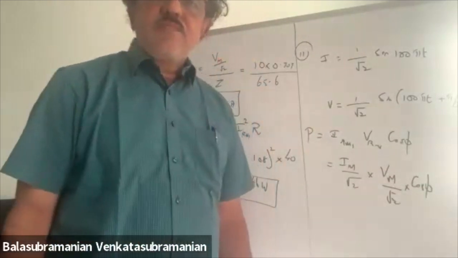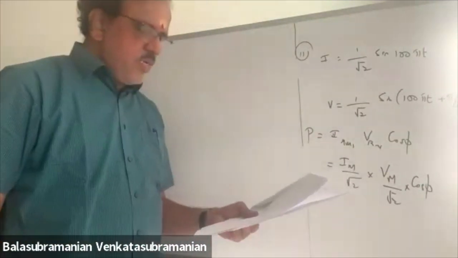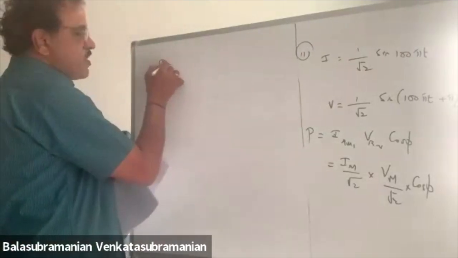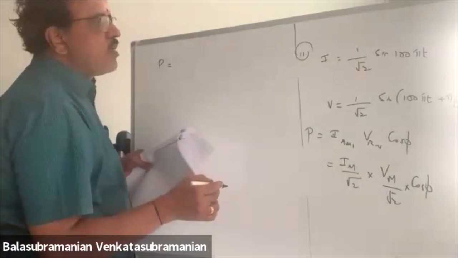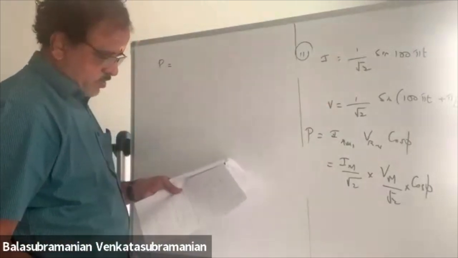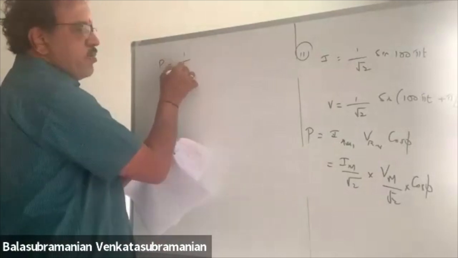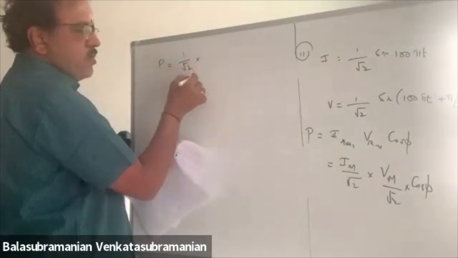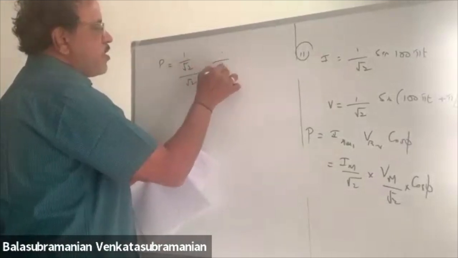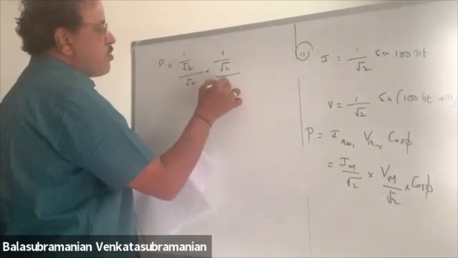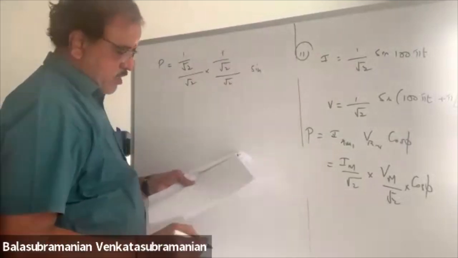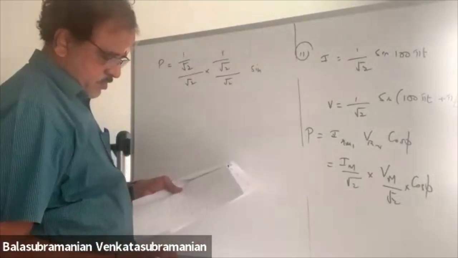IRMS means maximum current by root 2. The maximum value is 1 by root 2. So power is 1 by root 2 into 1 by root 2, into 1 by root 2 by root 2, into cos phi.